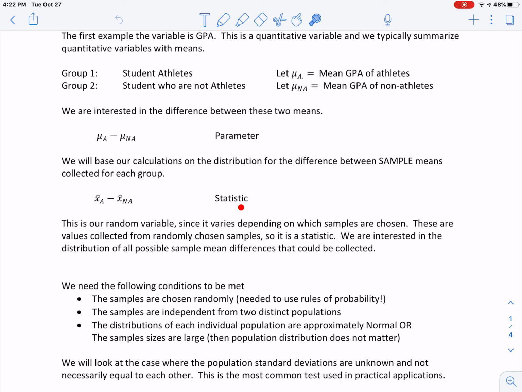This is a statistic because these are numbers from a sample. And this in turn is going to be a random variable, since it varies depending on which samples are chosen. These are values collected from randomly chosen samples, so this is a statistic. We're interested in the distribution of all possible sample mean differences that could be collected.